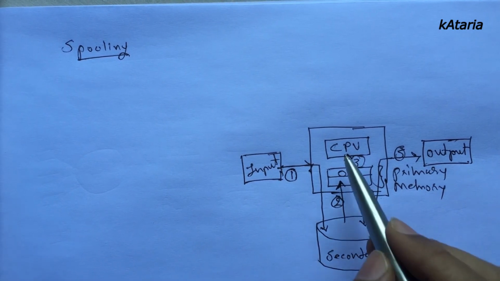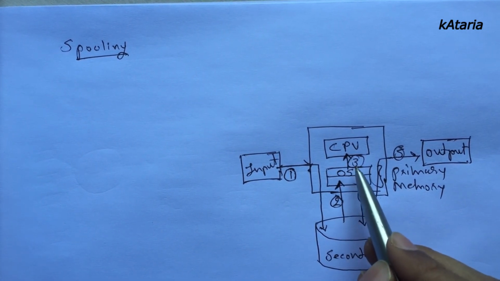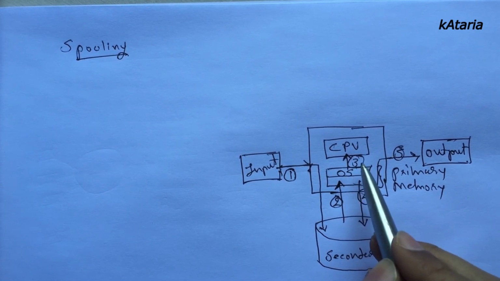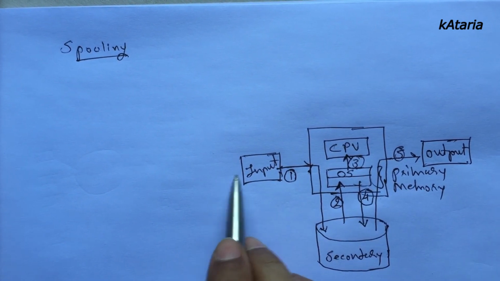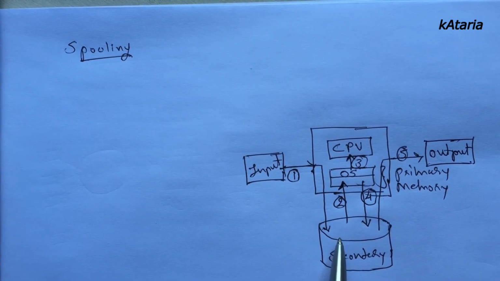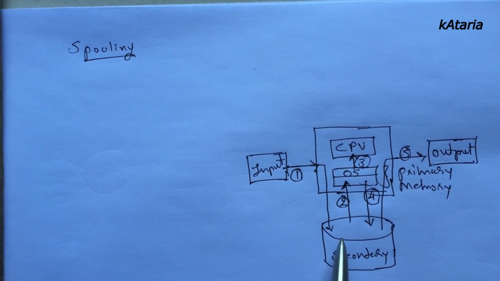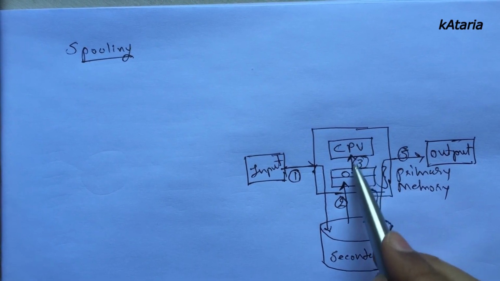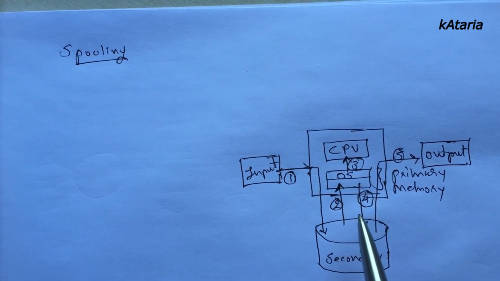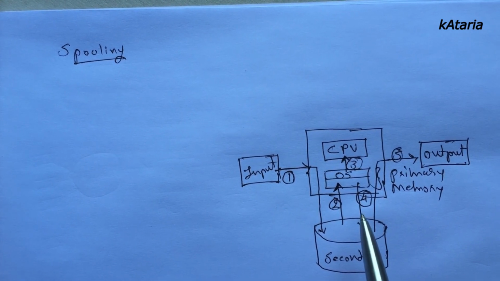It means the CPU will be busy most of the time executing programs. Whenever input devices are loading some programs, at that time the CPU is able to process some other programs which were already loaded before. Get it?